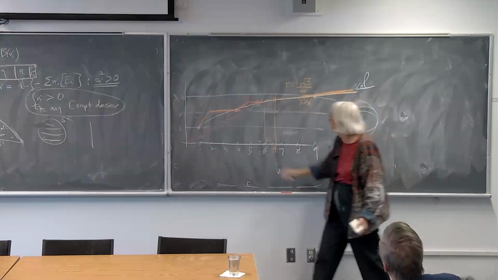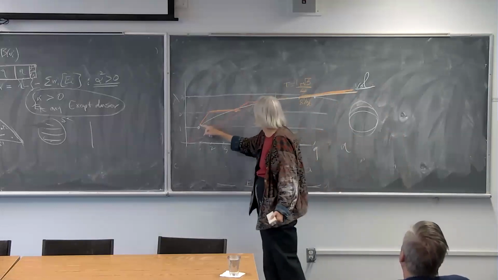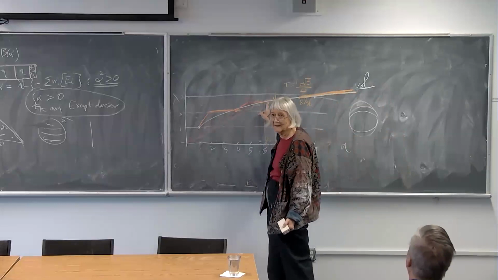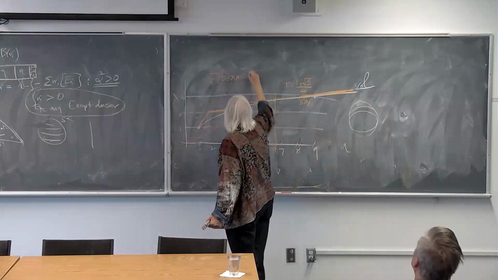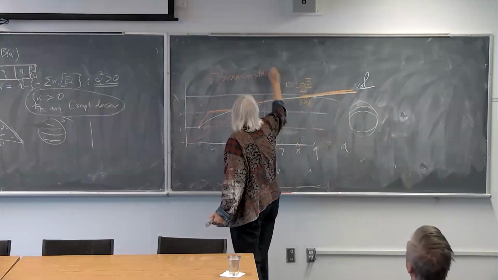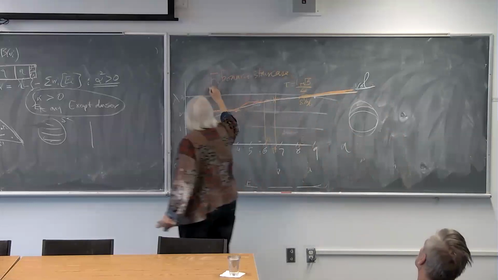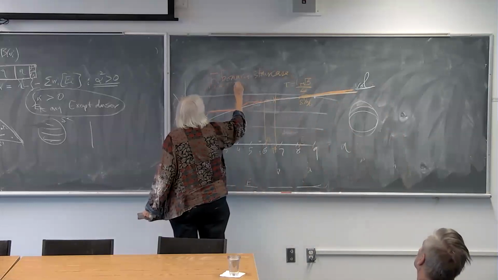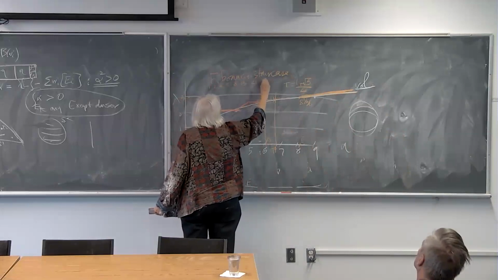So this is what you call a staircase because it's so angular here. And it's called a Fibonacci staircase, because the numbers here are Fibonacci numbers: 1, 2, 3, 5, 8, 13, 21, 34, and so on.